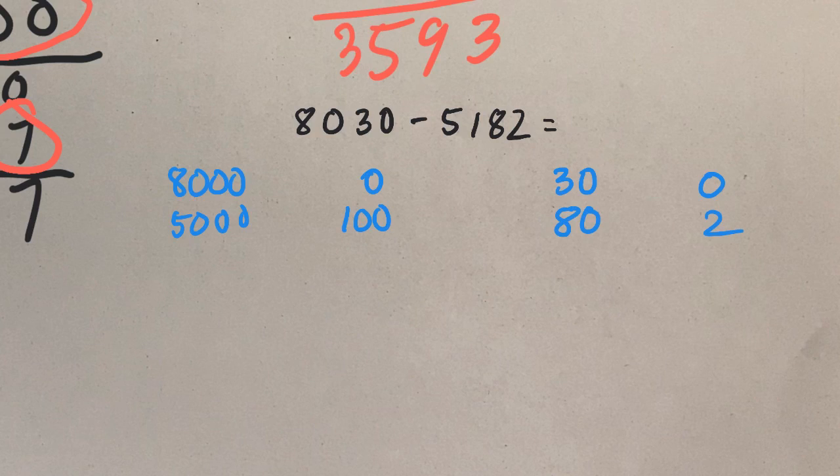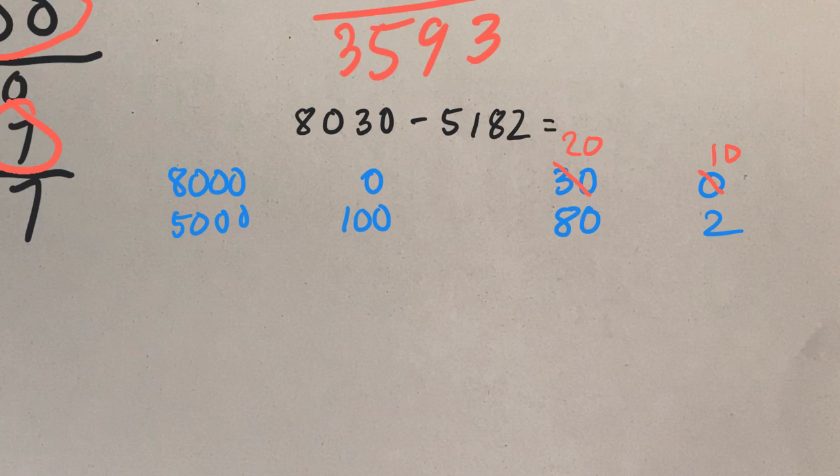And now we can do our trading. Okay, so I need to take 10 from over here. So that becomes 20, and this becomes 10. And then I can't do this properly, so I need to borrow from here, but I don't have that, so I need to go all the way here.